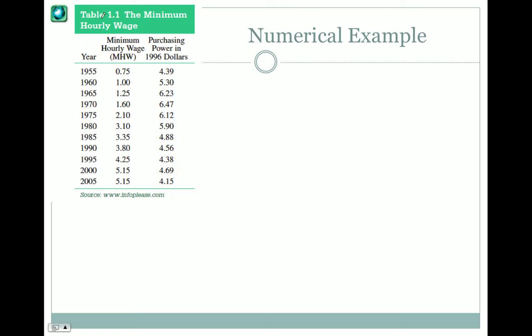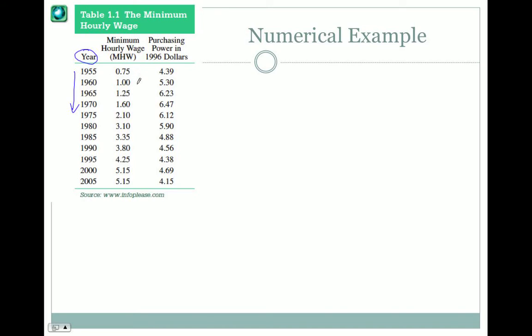We're looking at Table 1.1, and every table has a title. We're looking at the minimum wage, and we have a time period, then a minimum hourly wage, and then purchasing power in 1996 dollars. Just looking at it, we can see that the years go up by fives from 1955 to 2005.